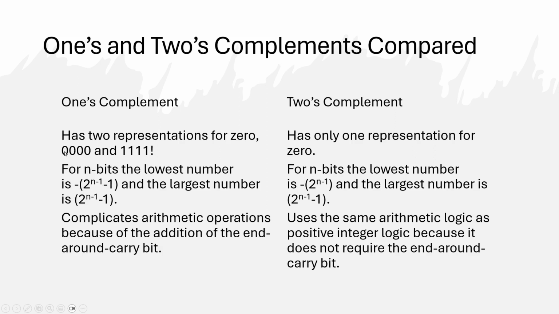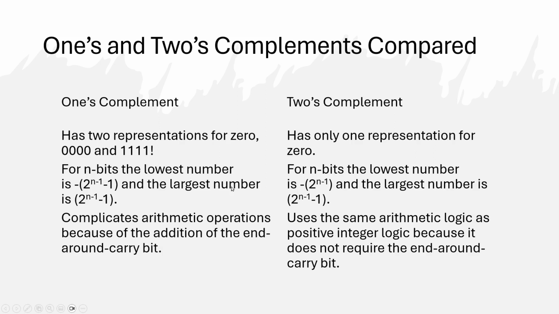For a 4-bit number, for example, the lowest number is 2 to the 3rd power minus 1, multiplied by -1. 2 to the 3rd power is 8, minus 1 is 7. Multiply that by -1 to give you the negative number, and that gives you -7. So the lowest number for a 4-bit ones complement number is -7.